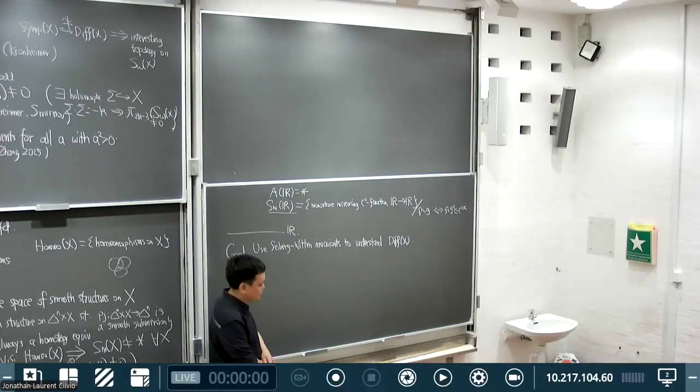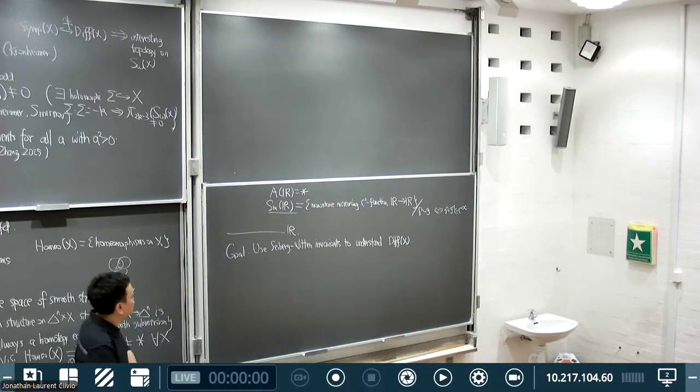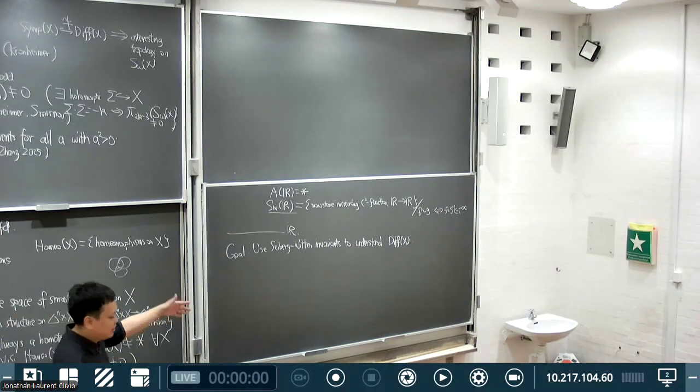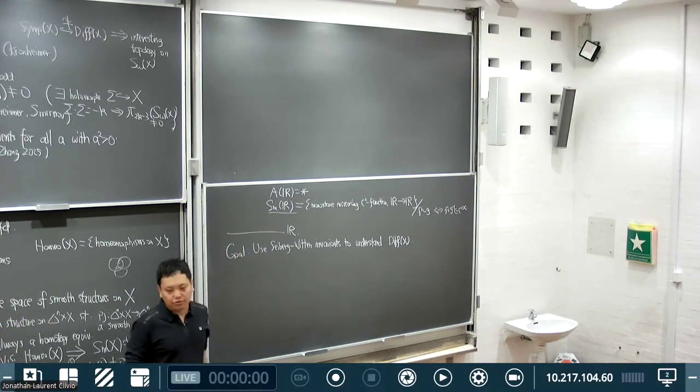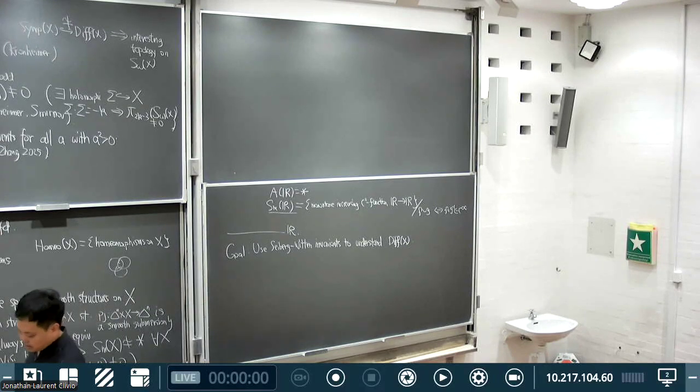But since the theme of this lecture is Seiberg-Witten theory, I will focus more on the Seiberg-Witten side. This is just one of the many tools which can be used. Okay, now this finishes the motivation part.